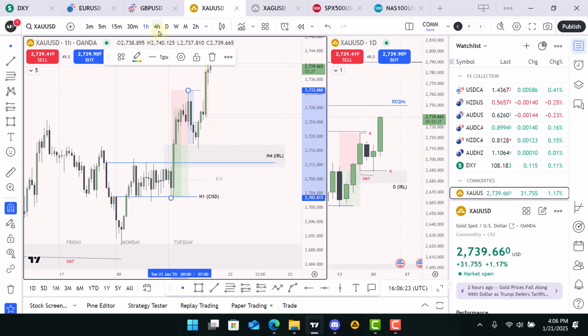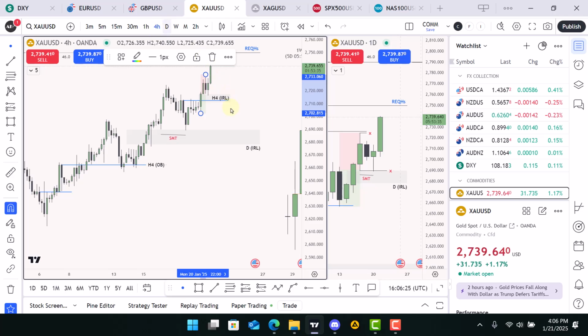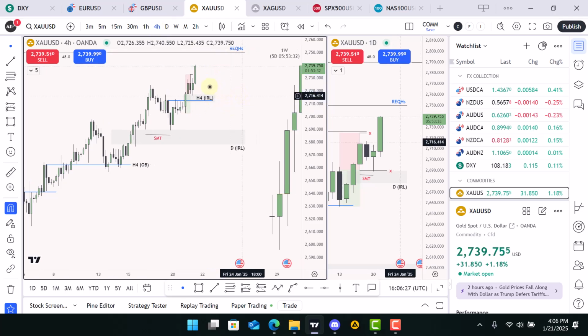Now, when you come to the 4-hour chart, like I always say, I trade 4-hour expansion candles in alignment with the daily and the weekly chart. So let's look at what's happened here.